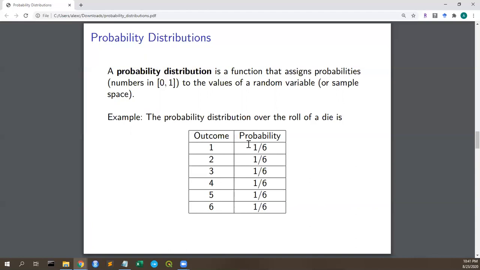Usually what we do is we make these distribution plots where we plot the outcome on the x-axis and the likelihood or the probability on the y-axis. So for example, this would be like a bar graph. It would be 1 with a line about 1/6, 2 a line, 3 a line, 4 a line, 5 a line, and it would all be the same height.